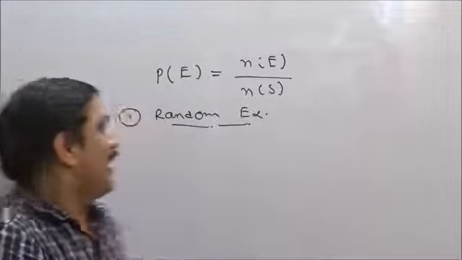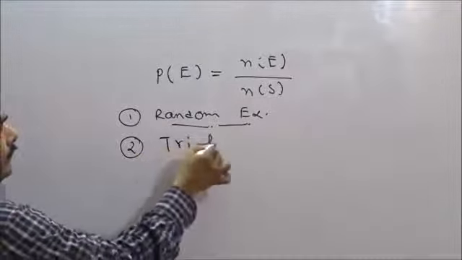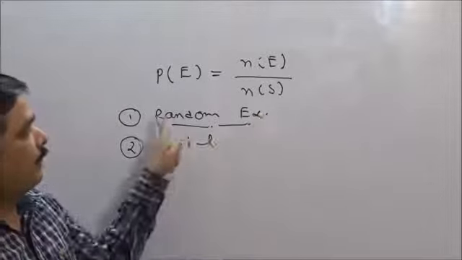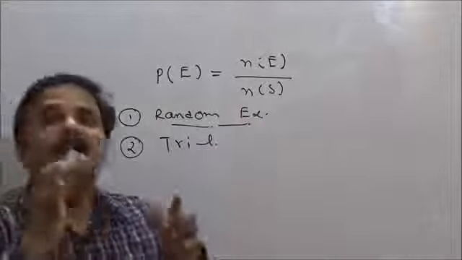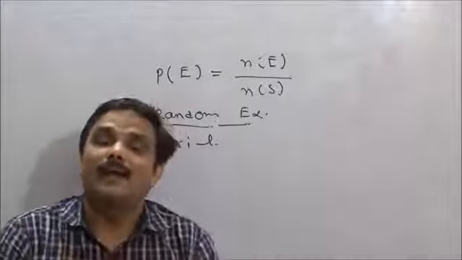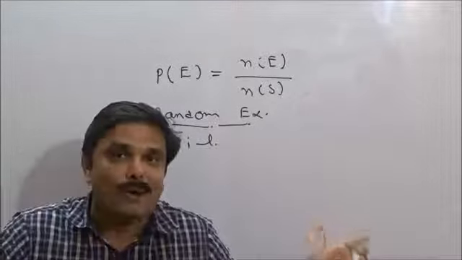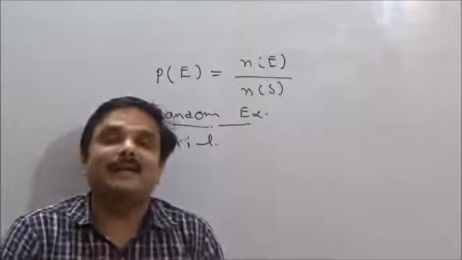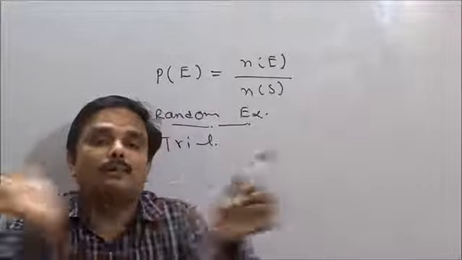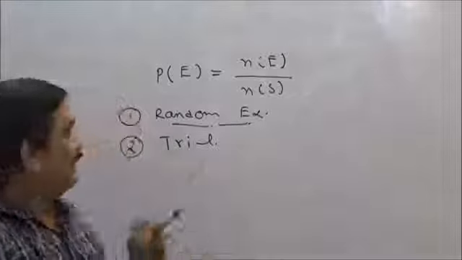Alright, then another term they generally use is trial. Trial means performing a random experiment. Performing a random experiment is called a trial, and the outcomes are called events. In the case of throwing a die, the outcomes are called events. Hope you must have got the idea, right?